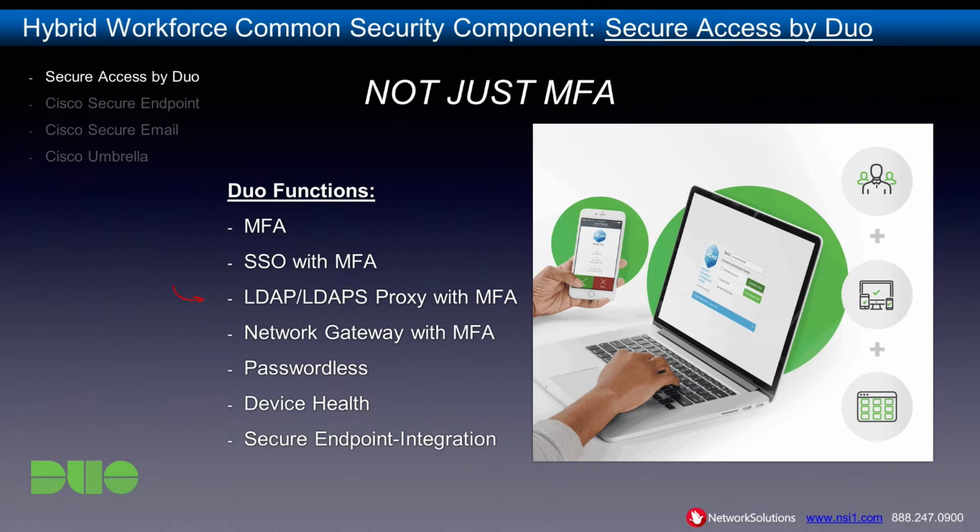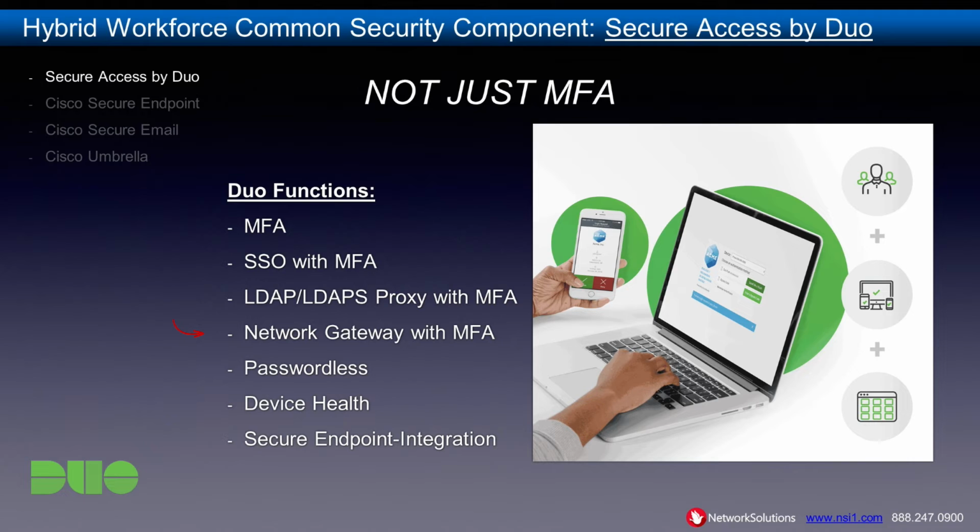LDAP proxy for LDAP integrated or secure LDAP integrated applications with multi-factor authentication built in. The network gateway provides access to on-premise websites and on-premise web applications securely without the need for remote access VPN. And it's just as secure as a remote access VPN. It's really the same method. If you get down to it, it's still SSL and TLS tunneled traffic.